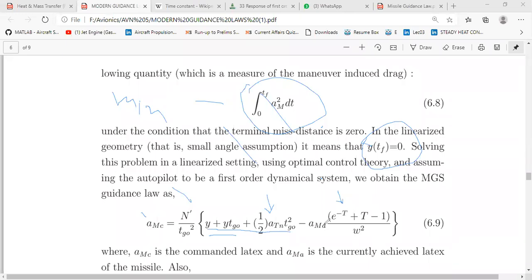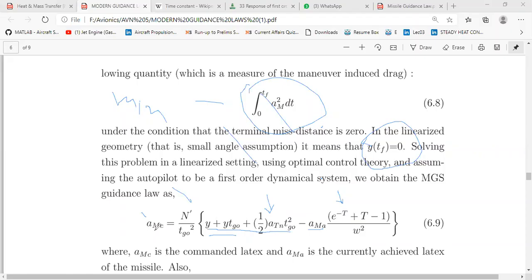So this is your time domain analysis. So for that, e raised to minus T plus T minus 1 divided by omega square, and AM is the vertical acceleration of your target, sorry, missile.